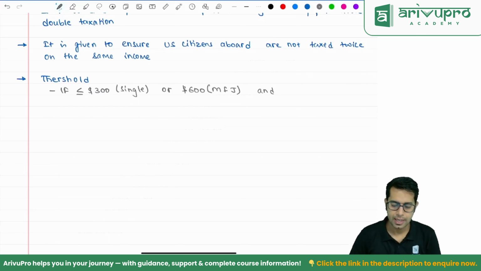How much is that, sir? Either it will be 300 or less than that for single people, and for married filing jointly it is $600 or less than that.